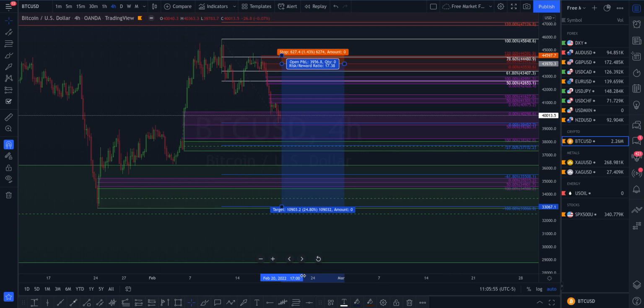or maybe at the 50% of this 4-hour demand. So institutional bias is consolidation on Bitcoin based on structure. I like how taking sales looks.